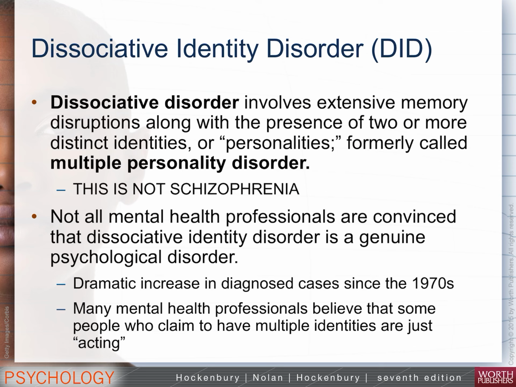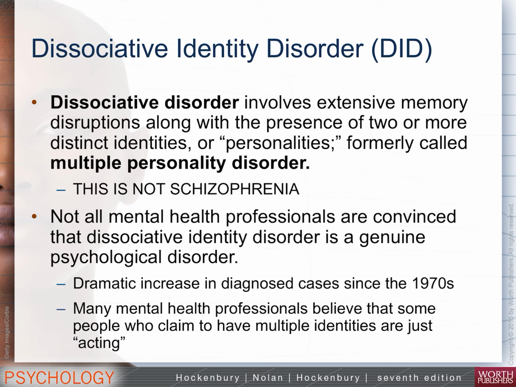So at least two or more distinct personalities, distinct identities, and the person can have very extensive memory disruptions. They can have different ages, male, female identities. It doesn't seem to follow any particular pattern.